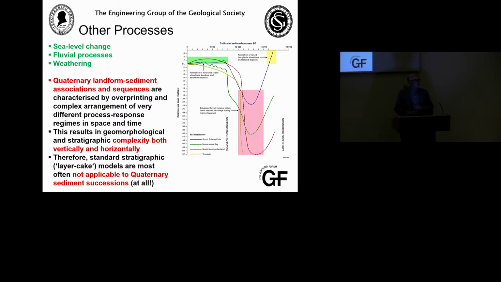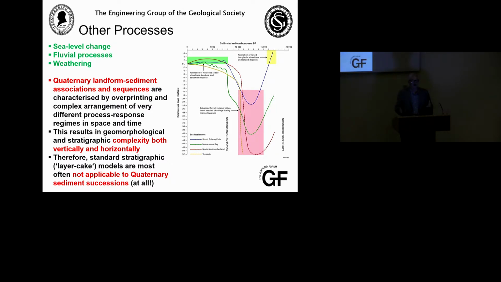We've got other processes then taking place as well. This is extremely important for some of you maybe working with some of the next generation of nuclear power stations, looking at Sizewell, looking at Wylfa, looking at Hinkley Point. We've had major levels of sea level fluctuation. We've had fluvial processes. We've then had temperate weathering that's taken place as well as the weathering in the glacial and periglacial environments.